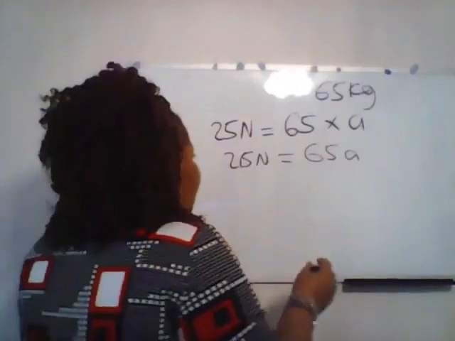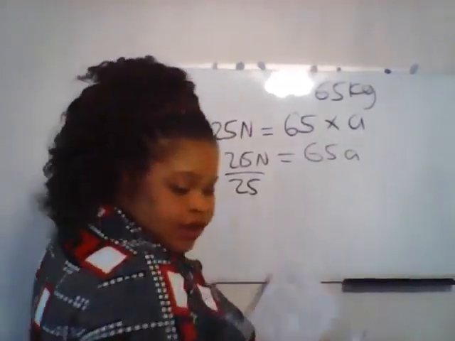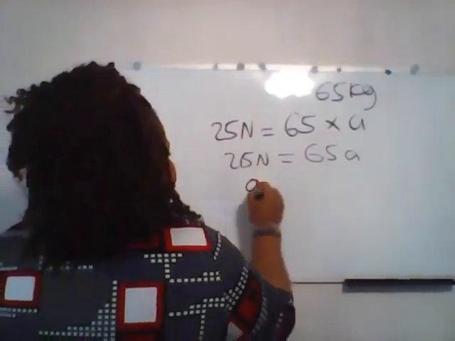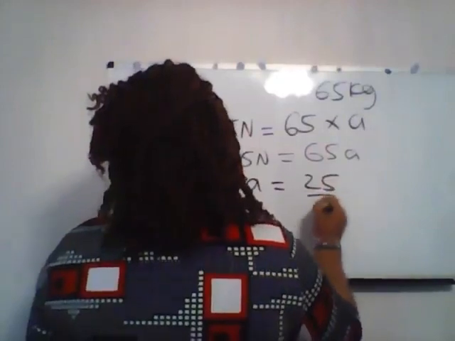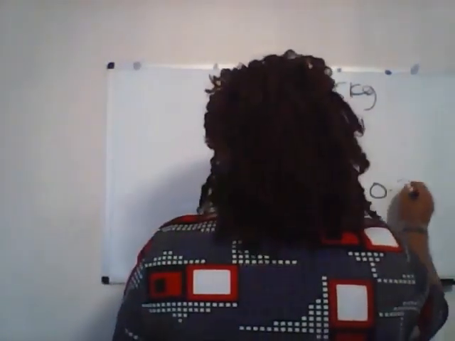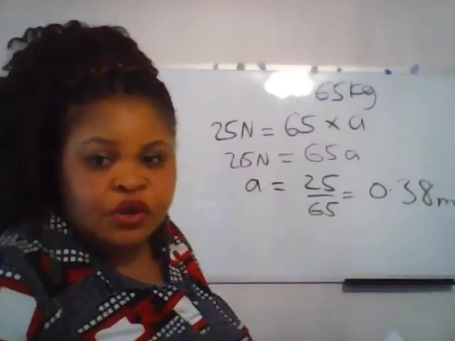So to work out a is going to be 25 divided by 65, and you get 0.38 meters per second squared. That is the acceleration for that.